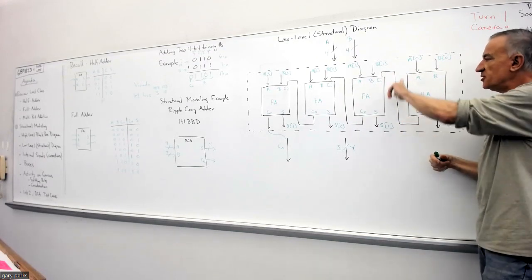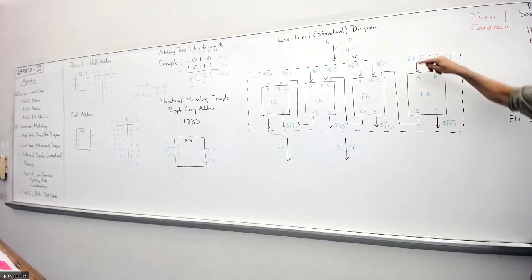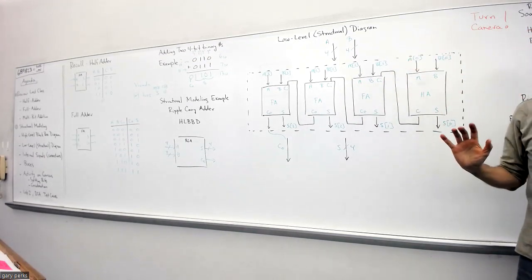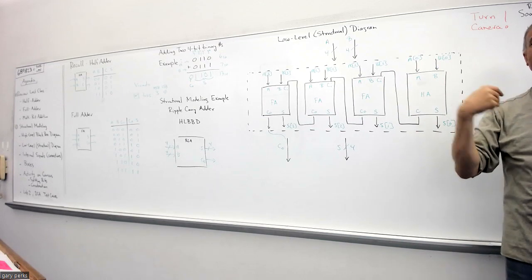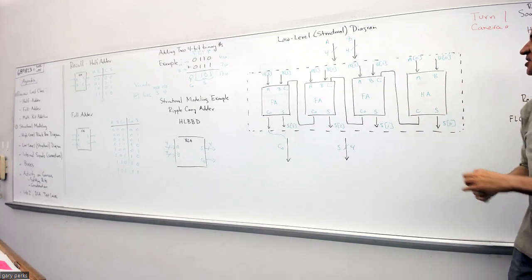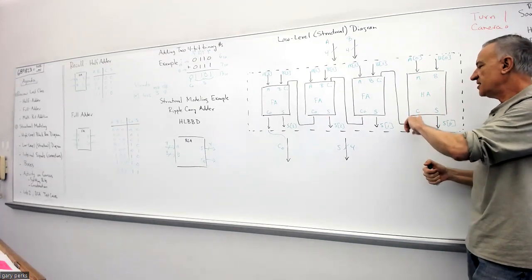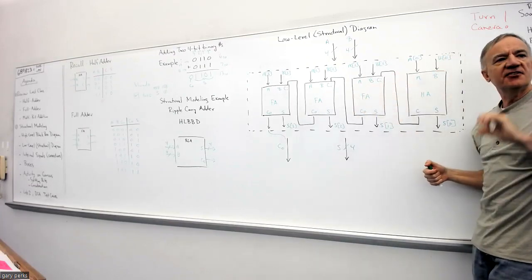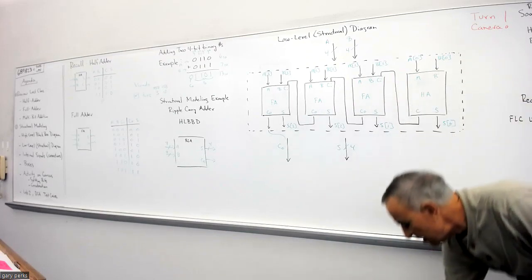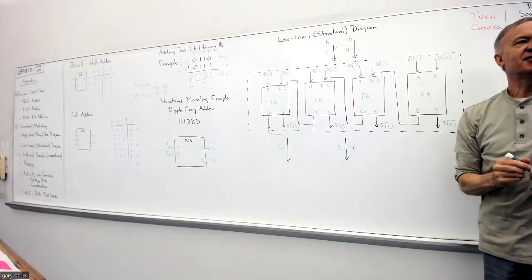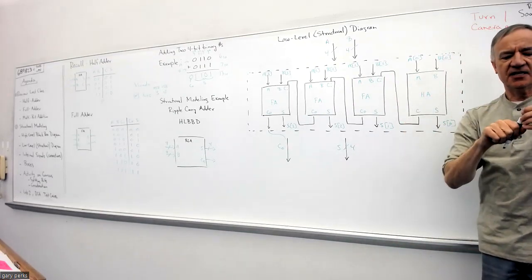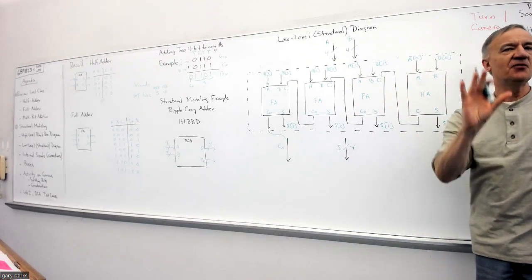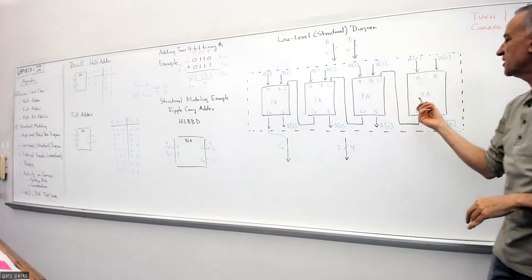Well, when you make a connection between lower level modules, you can't do it directly. You have to go through what's called an internal signal. So the next thing I'm going to write here is a variable for each one of these connections that are connecting the lower level modules. And again, I'm just going to write them very generally, but hopefully you're more descriptive than what I'm being.